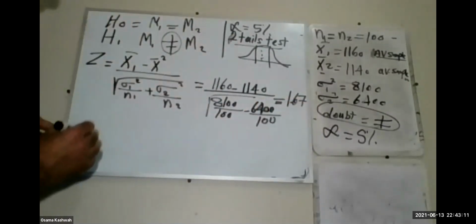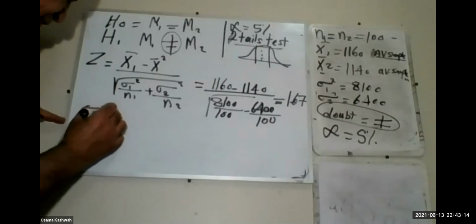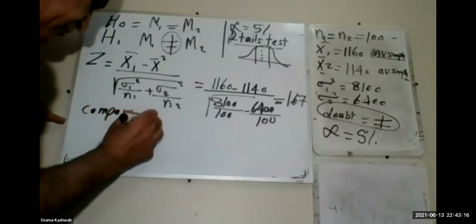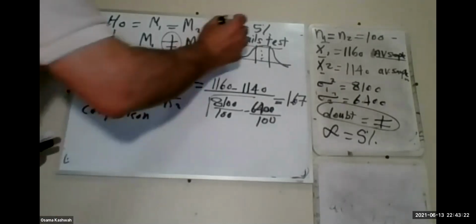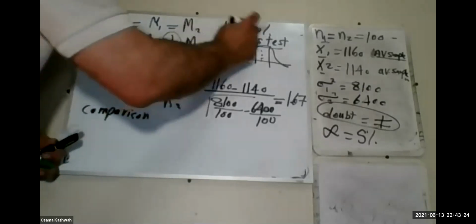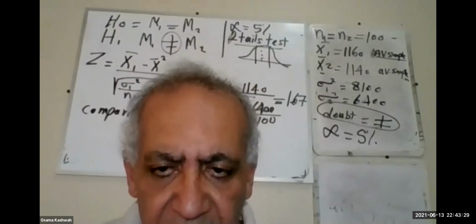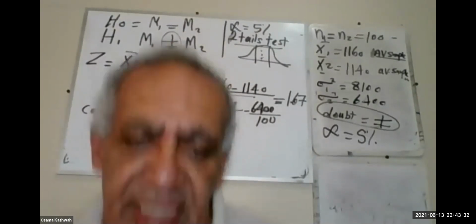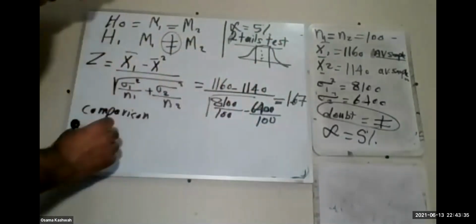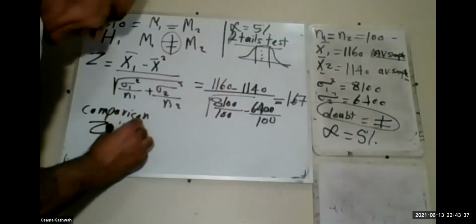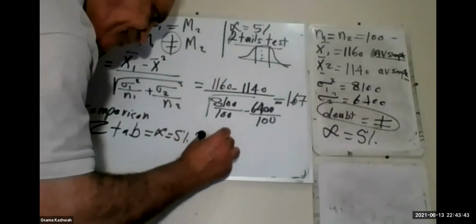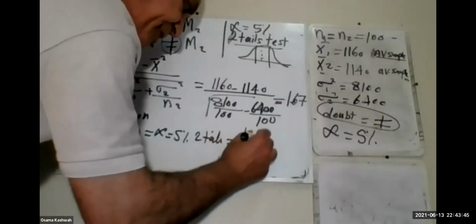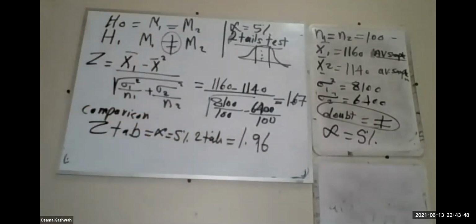So now the fourth step is comparison. I will compare Z tabulated with Z calculated. When I look for Z tabulated at alpha equals 5% and two-tailed test in the Z table, I will find that Z tab, alpha 5%, two-tailed, will equal 1.96.